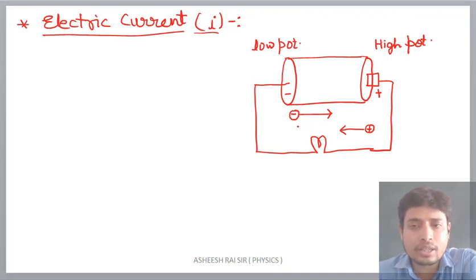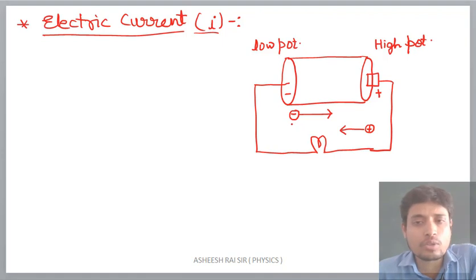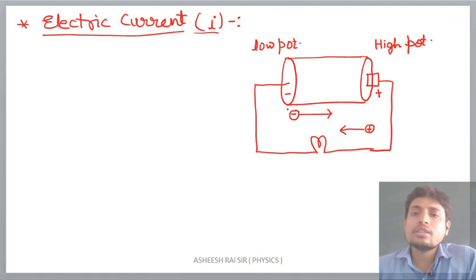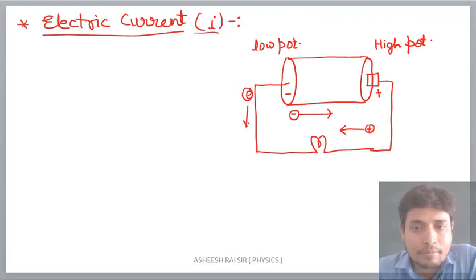Since in the metal, in the conductor, there are free electrons which are the carriers of the charge, and electrons are negatively charged. So, when we connect the conductor through the cell, the electrons start to flow from the negative terminal to the positive terminal, like this.